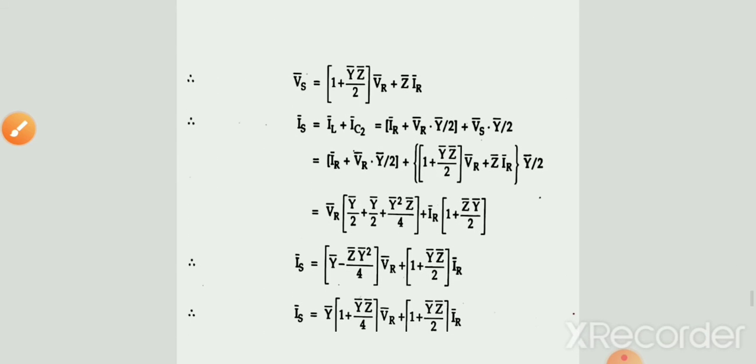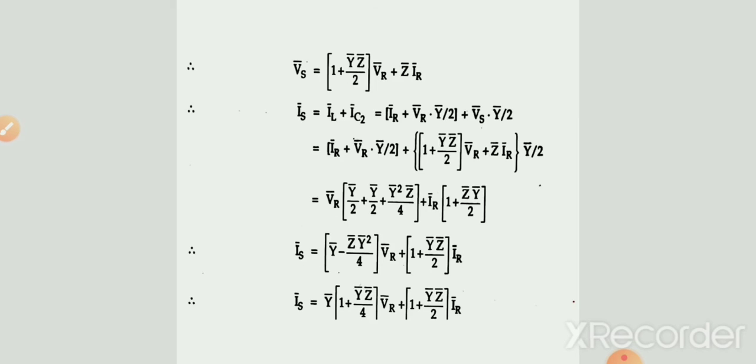Now we take VR common, and we can get Vs equals (1 plus YZ over 2) into VR plus Z into IR. We know that Is equals IL plus IC2, so here we put the values of IL and IC2.